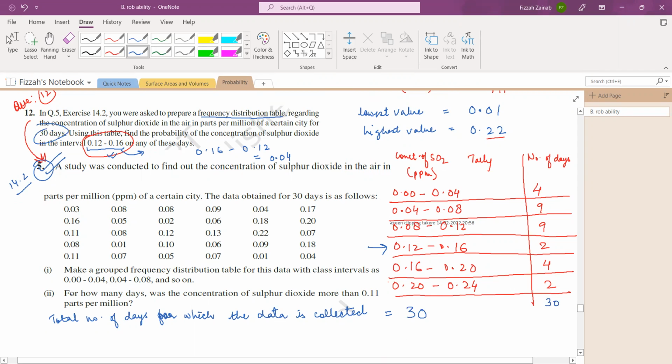Now you have to count the number of days for which the concentration of SO2 lies in the interval 0.12 to 0.16. So how many days are there? 2.